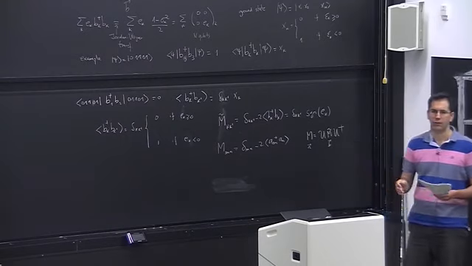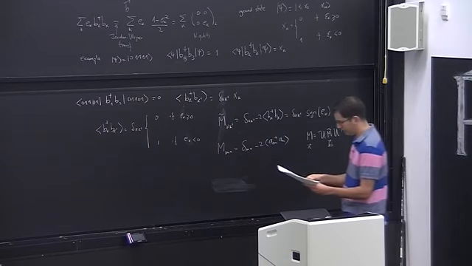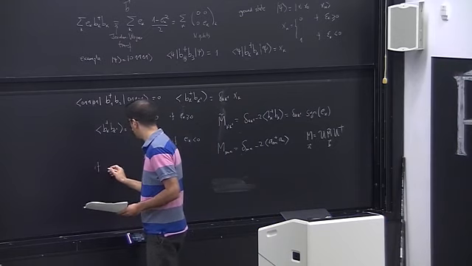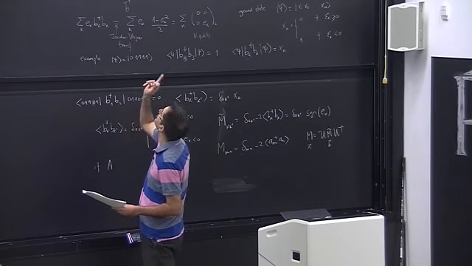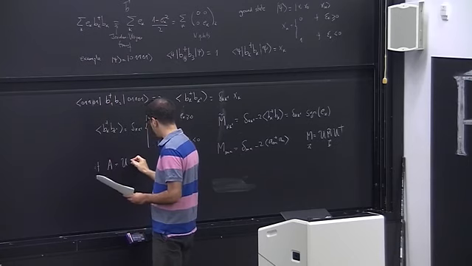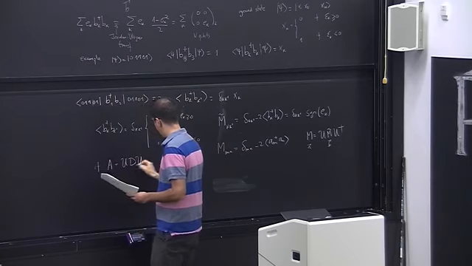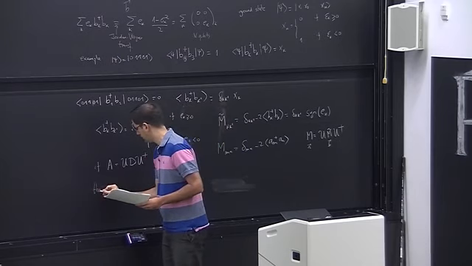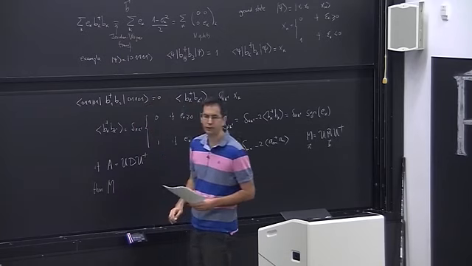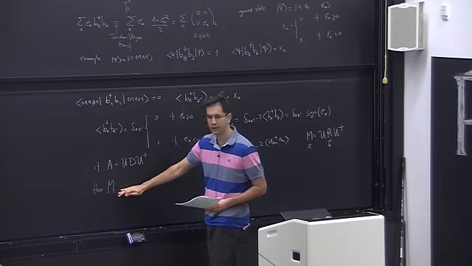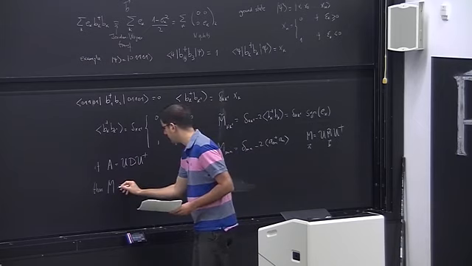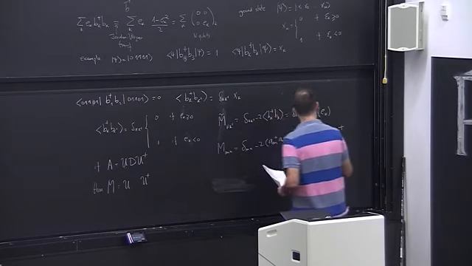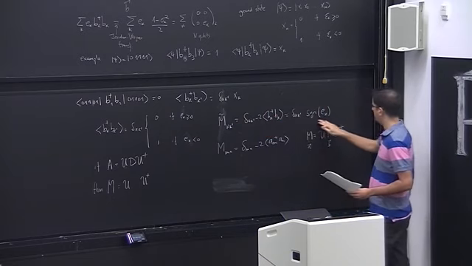This is a simple derivation, but the key result is this. Remember, A characterizes the Hamiltonian. If A is diagonalized by U and has the form U D U dagger, then the correlation matrix for the ground state is nothing but U of M tilde U dagger. And what is M tilde?